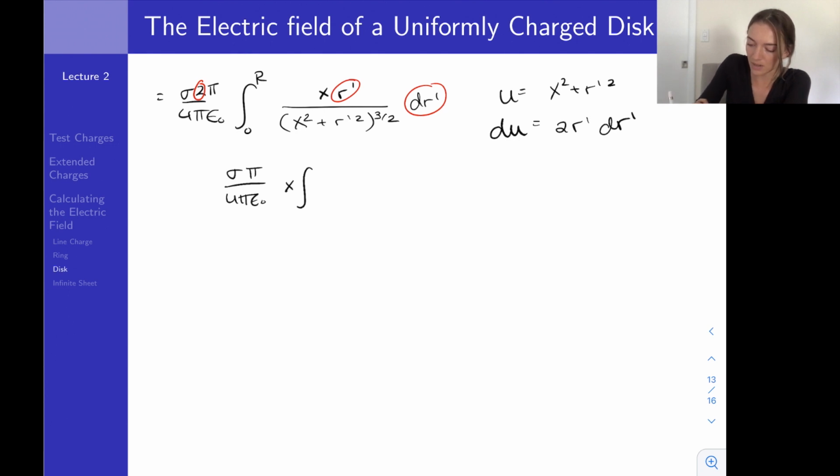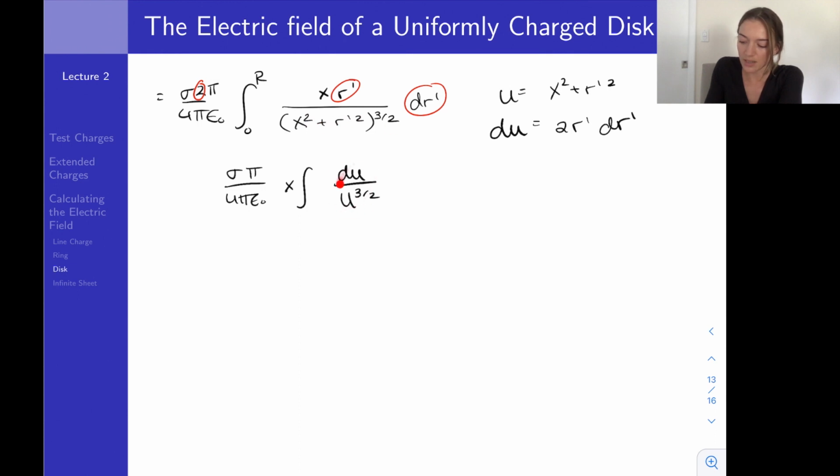And then I'm just going to integrate du over u to the 3/2, right? So I pulled out x as a constant in this case since it's not our variable of integration. I just wrote all my constants over here, and then I just transform my integral into terms of u. So it's just u to the 3/2.